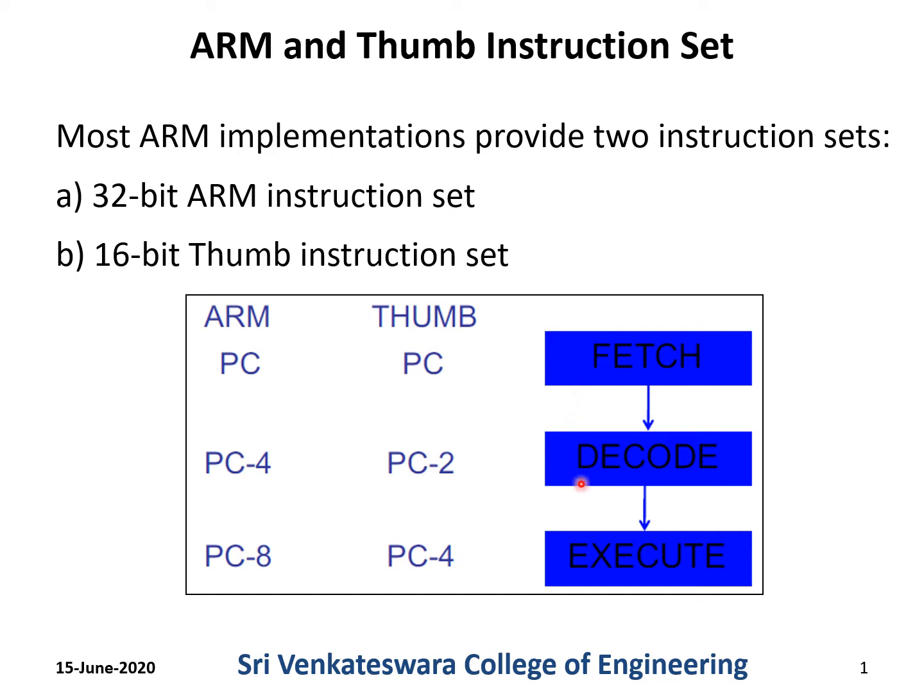So for a 3-stage pipeline, fetch, decode and execute, how the program counter contents are getting updated is shown here. Here it is given as PC, PC minus 4, PC minus 8.